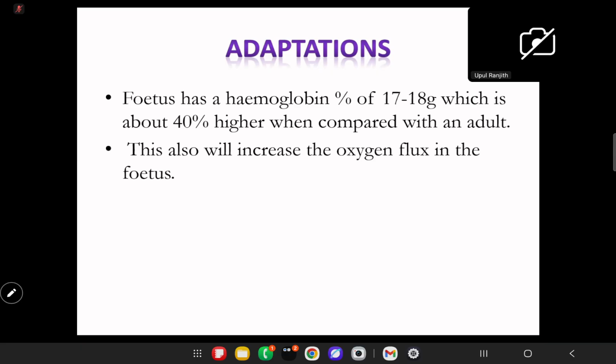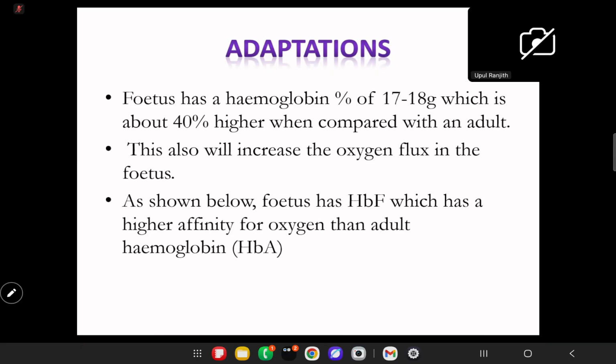Now you know the factors affecting oxygen flux: the cardiac output, hemoglobin percentage, and the percentage saturation of hemoglobin. Hemoglobin is high and cardiac output is comparatively high in the fetus, which increases the oxygen flux. In the next diagram, I will show you this.